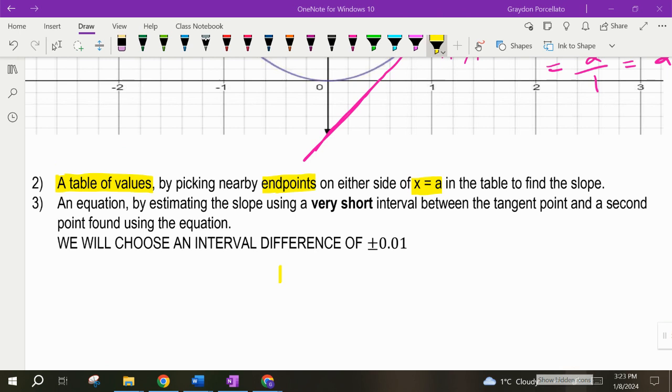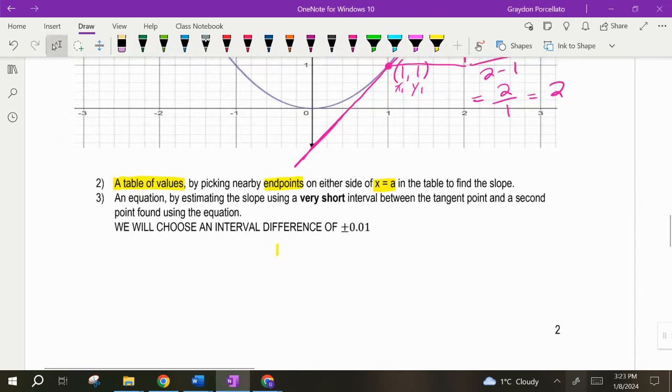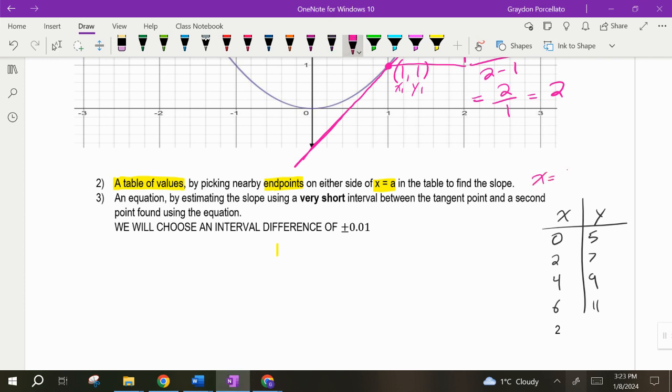So let's say I'm given a table of values x, y, and it's 0, 2, 4, 6, and my numbers here are 5, 7, 9, 11, right? And I want to figure out what the slope is at x equal to 1.